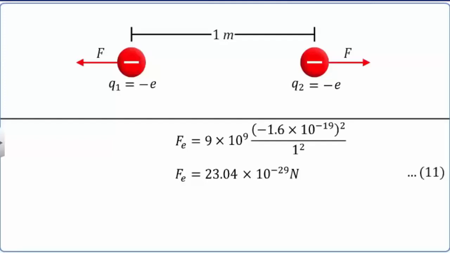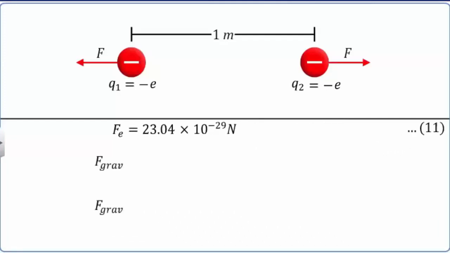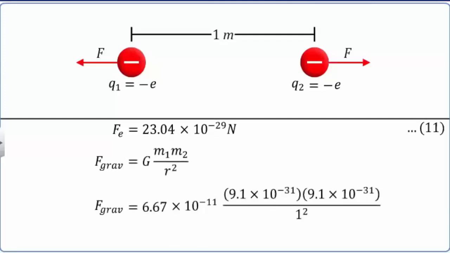Let us now compare the electrostatic force between these electrons with the gravitational force between them. The gravitational force F between the electrons is G into M1 M2 by r square, where M1 and M2 are the masses of the electrons, which are equal to 9.1 into 10 power minus 31 kilogram each.